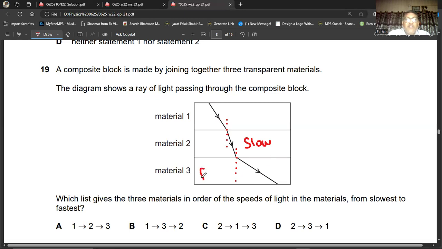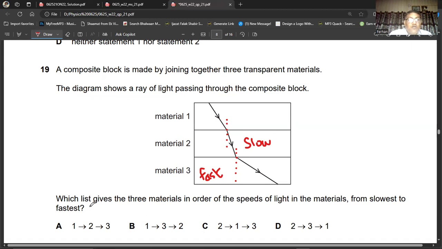So here the speed is fast, and this bending tells me it is a lot faster. In this material the speed is faster than in the first material, and in this material the speed is a lot faster.